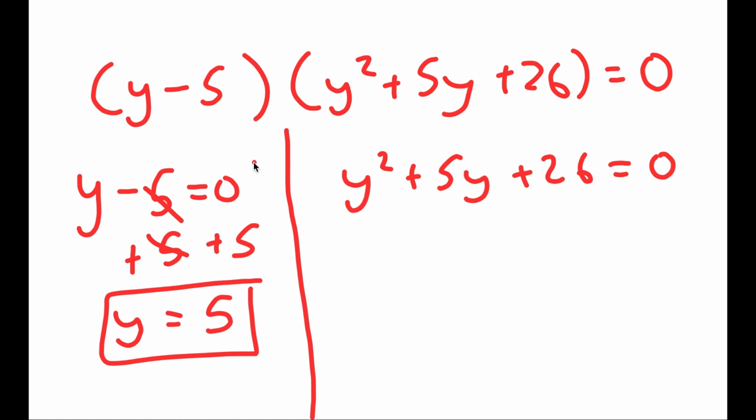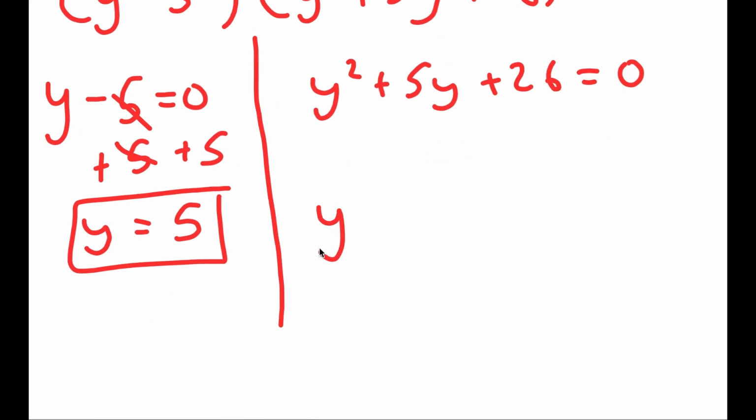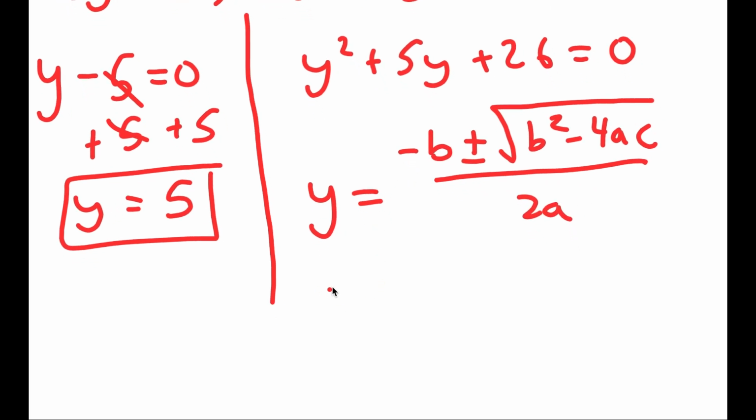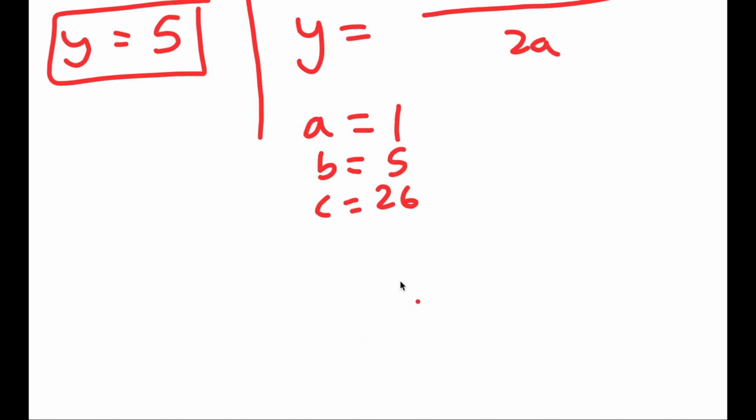And now for y squared plus 5y plus 26 equals 0, to solve this, I'm going to use the quadratic formula. So as a reminder, the quadratic formula is negative b plus or minus the square root of b squared minus 4ac all over 2a. So in this case, a is 1, b is 5, and c is 26.